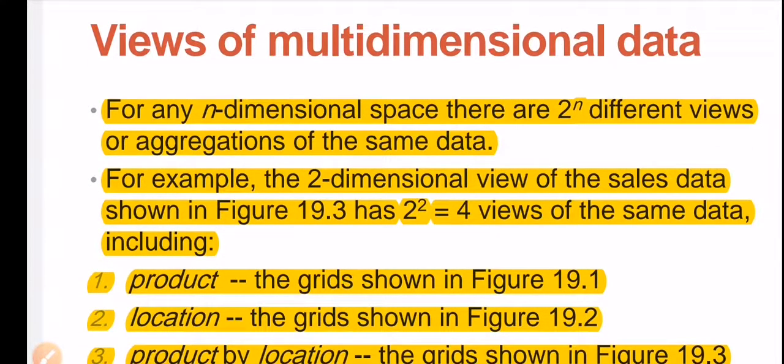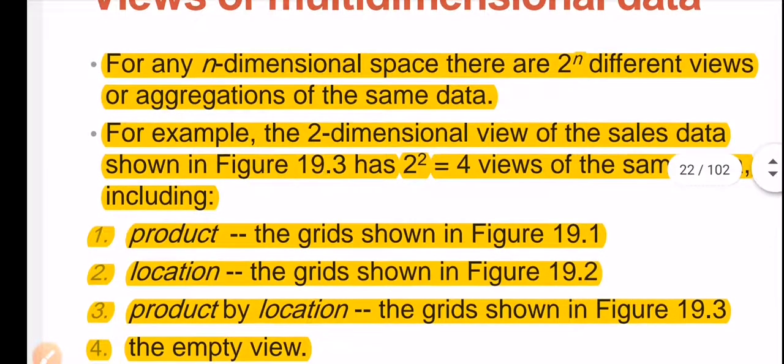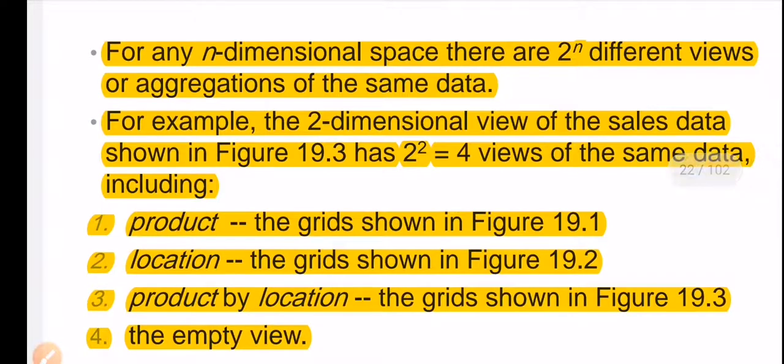Views of multidimensional data. For any n-dimensional space, we have 2 to the power n different views. If we say, for example, we have two-dimensional views of cells, then we will have 2 to the power 2, so we will have 4 different views. What are they?